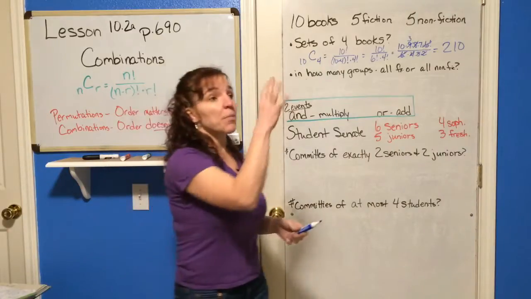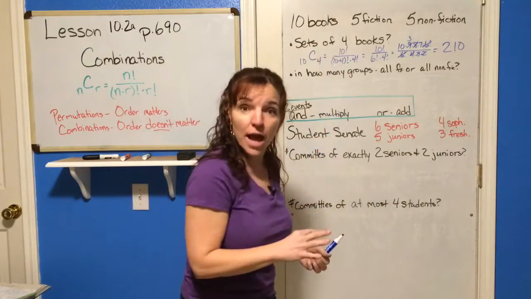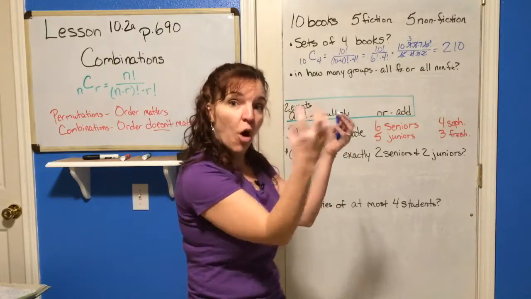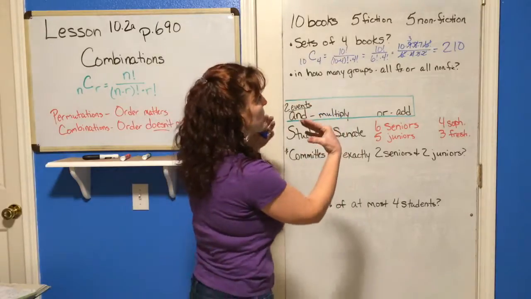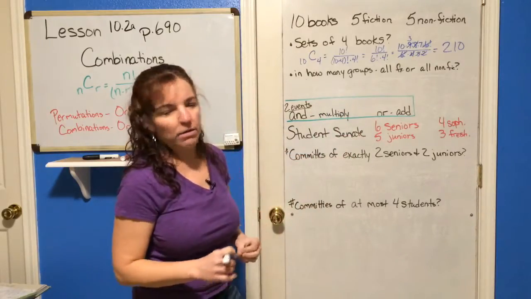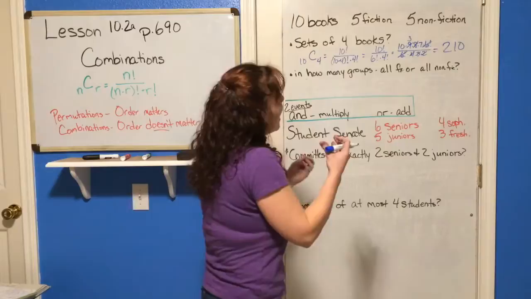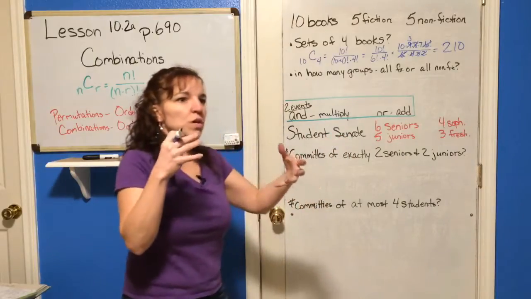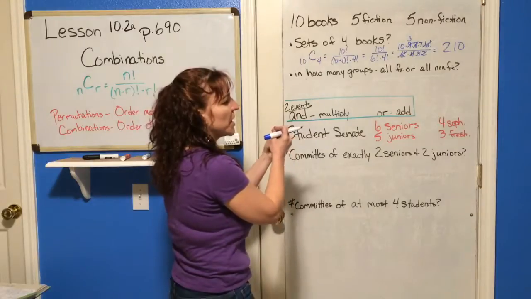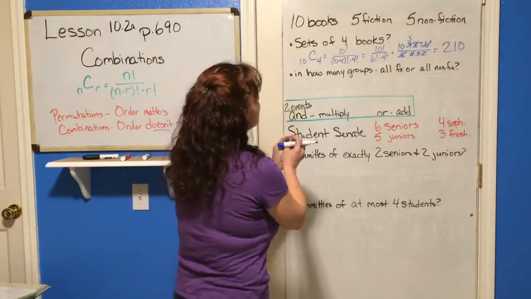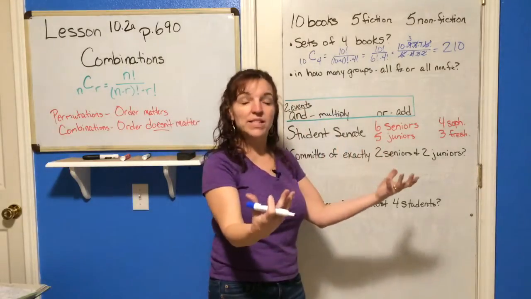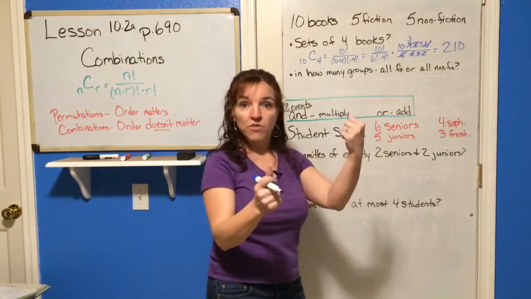Now we could set up a cute little tree diagram and find out where all of those books are and where all 4 of them are fiction or all 4 are nonfiction, but I've got a better way.